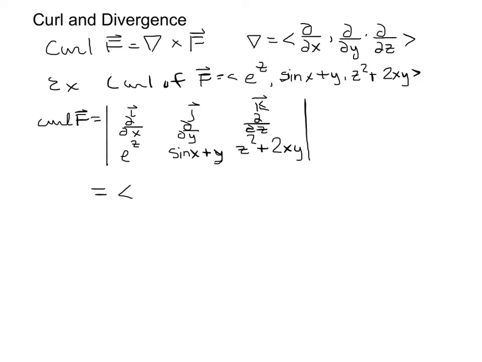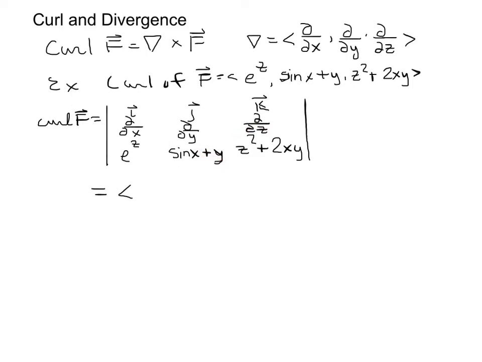Now, how this cross product and these partials of nothing work. For the i component, we ignore the i column, and we cross there and then cross there. What this says is we are going to take a partial derivative with respect to y of this function, and then subtract the partial with respect to z of this function.